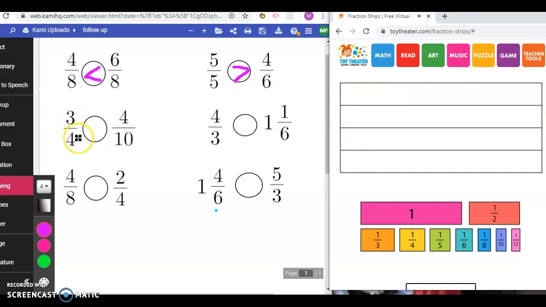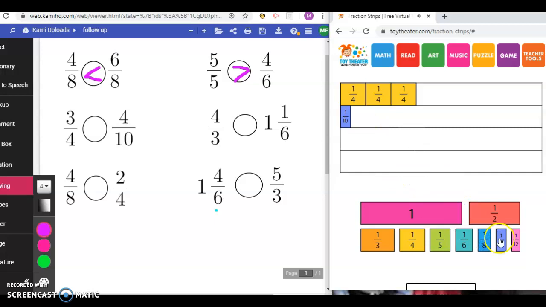Okay, now we have 3/4. Here's my fourths. 1, 2, 3, and 4/10. See how little the tenths are? 1, 2, oh, that's an eighth.